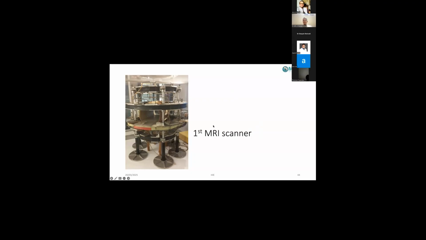And let me give you a little bit of history behind the MRI scanner as well. I don't know if people are aware how the MRI came into existence in medical science. It's a direct trickle-down effect from astrophysics. They noticed something called nuclear magnetic resonance, and they used it to study the stars and the composition of stars out there in the cosmos.